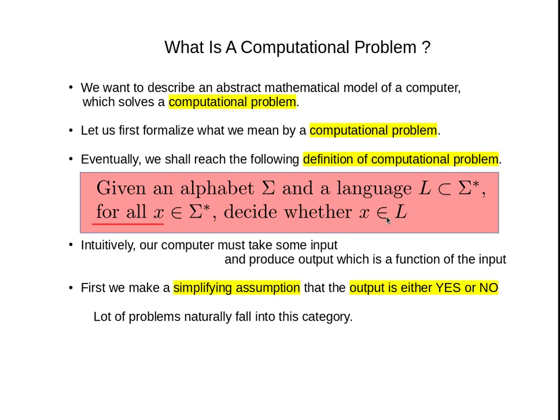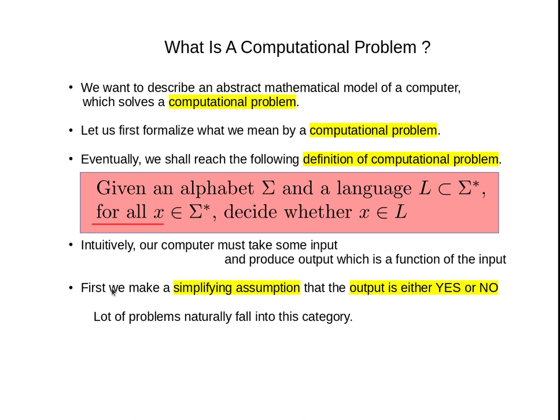Now this looks very formal, and intuitively, what we want our computer to do is take some input and produce some output, right? So the output is a function of the input. From here we need to somehow reach this definition.